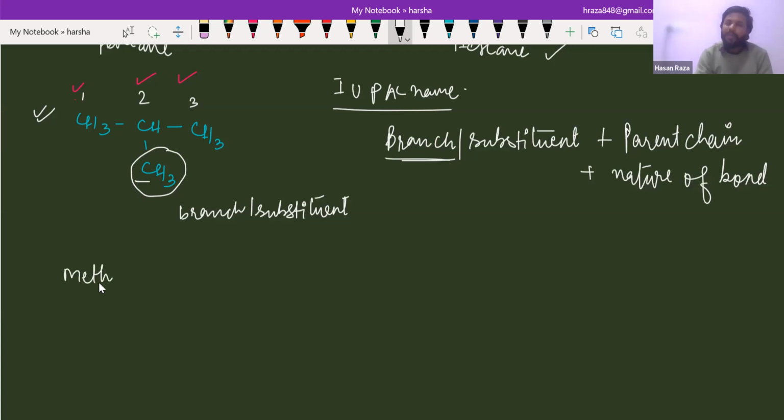Whenever a carbon chain is considered as a branch or substituent, we use yl at the end of the name, so this will be converted into methyl. Is that clear, Ayman?